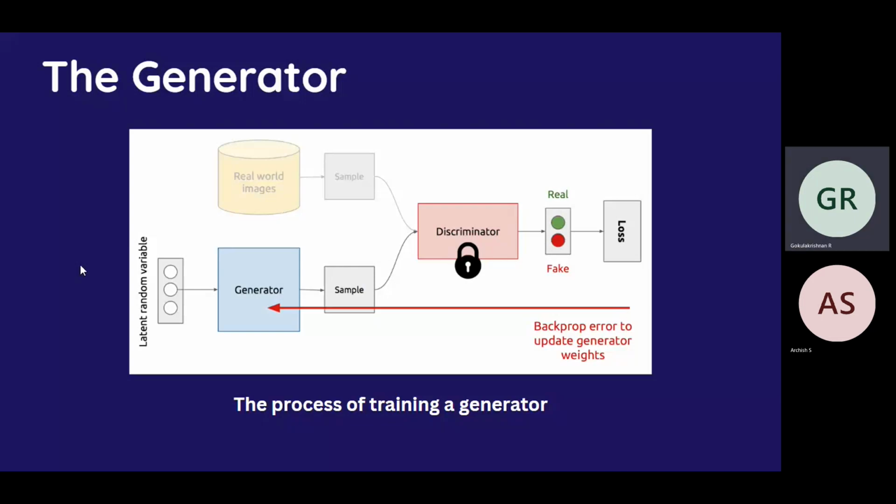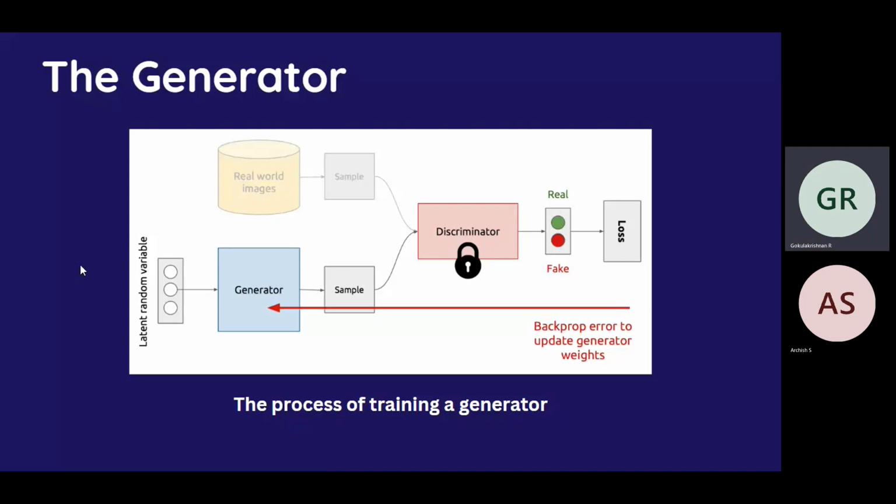Yes, zero-sum game. As I explained here, you have a sample generated by the generator, and then you pass it on to the discriminator and get the output. If it's real, the discriminator is performing badly, right? The generator is performing well.